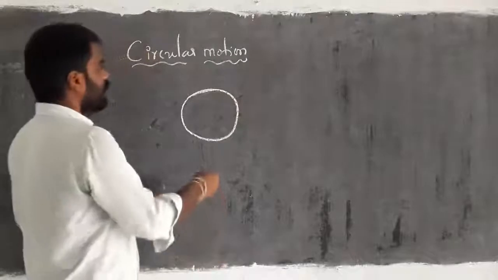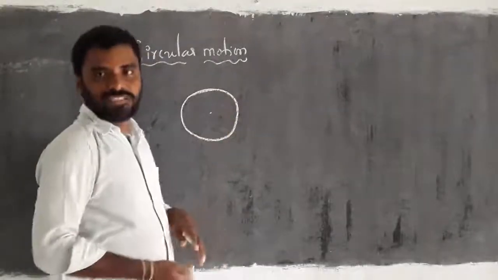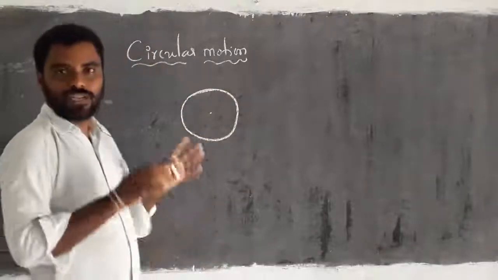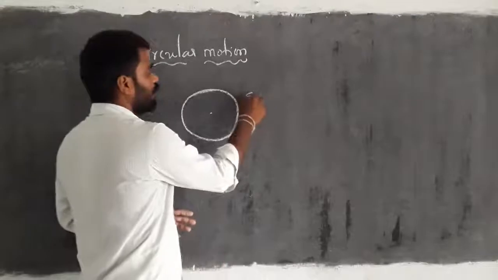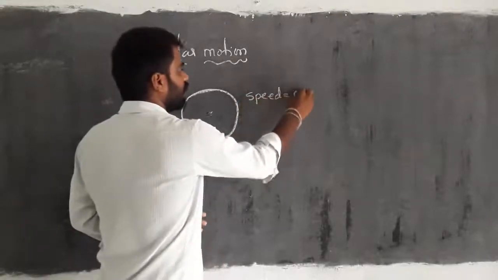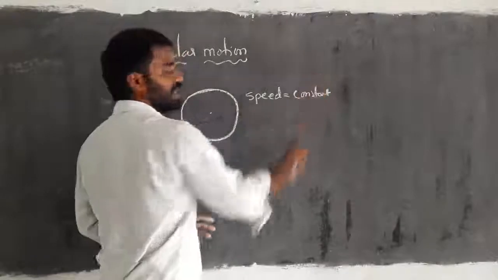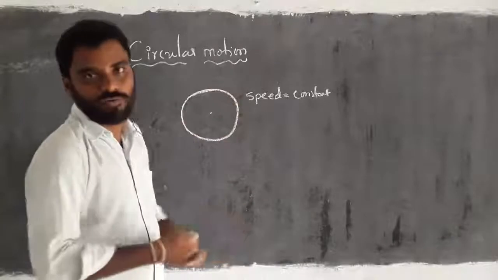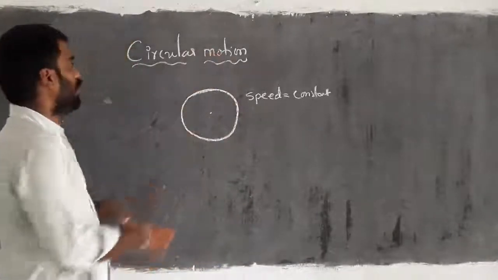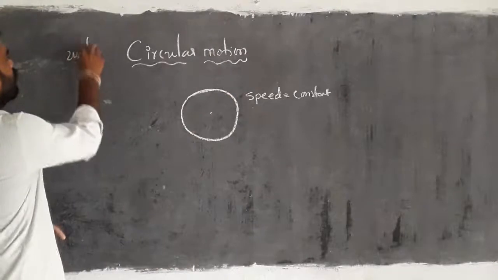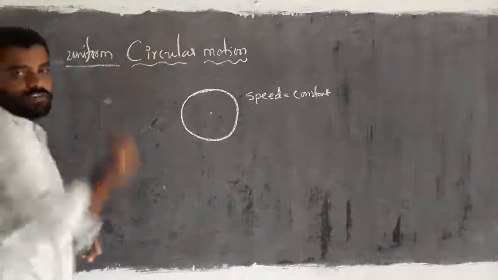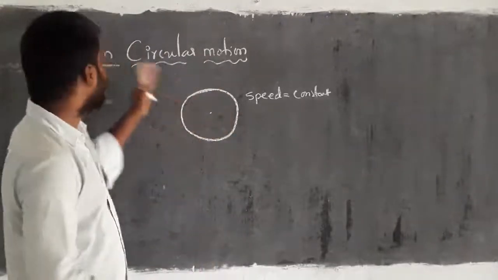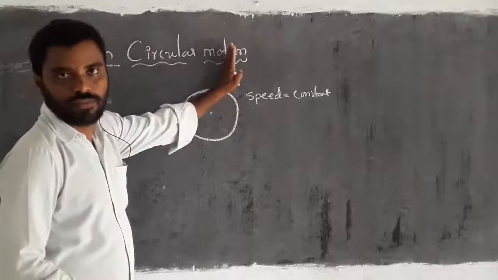At that time, if the speed is not changed, or the object is moving with the same speed in each and every time period, then we call the speed constant. So when speed is constant on a circular path, such type of motion we call uniform circular motion. Means the object is moving with the same speed on the circular path. That indicates uniform circular motion, right?